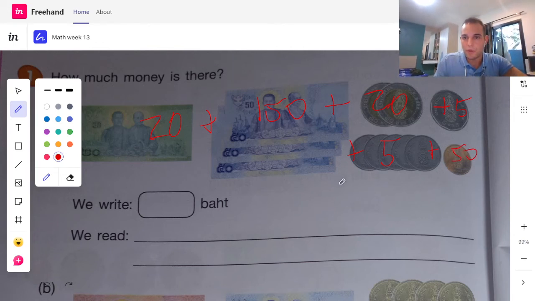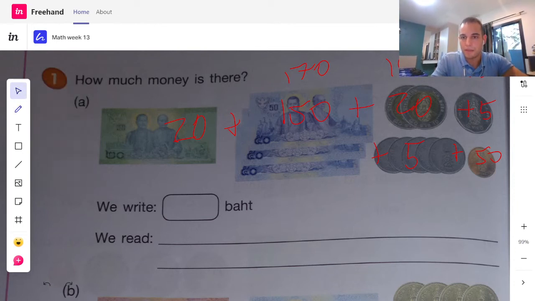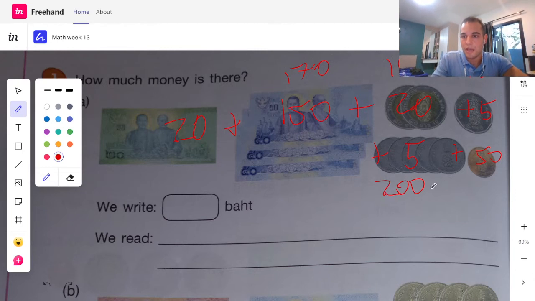So what do we have here? 20 plus 150, 170, plus 20, 190, plus 5, 195, plus 5, is 200, and we have the 50 satang here.